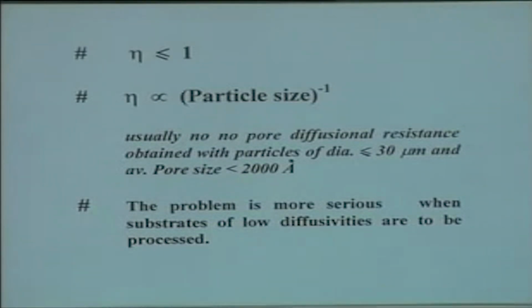The second characteristic feature of the effectiveness factor is that it is inversely proportional to particle size. I mean, if you reduce the particle size, the effectiveness factor can approach unity.